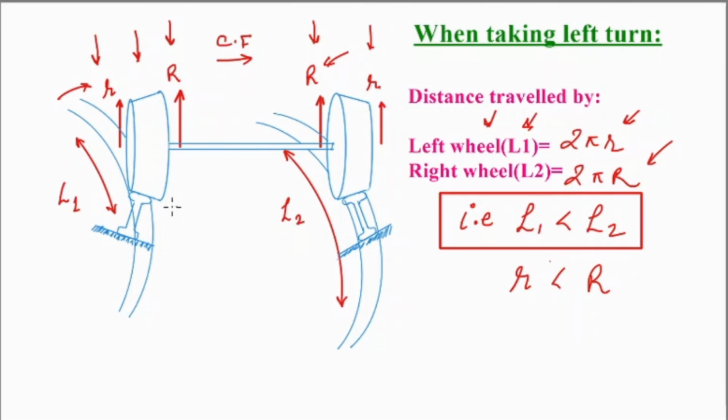So the wheel on the left will travel less distance than the wheel on the right when it has to take a complete one rotation. So within one rotation, the wheel on the left will travel less distance than the wheel on the right. Now this makes it possible for the train to make a turn while moving on the curve.